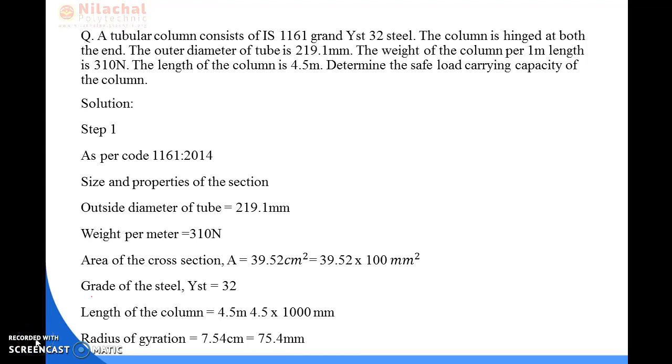I am Tanushri Dalai from Civil Engineering branch and today I am going to teach you your Theory 2 paper, which is Structural Design 2.